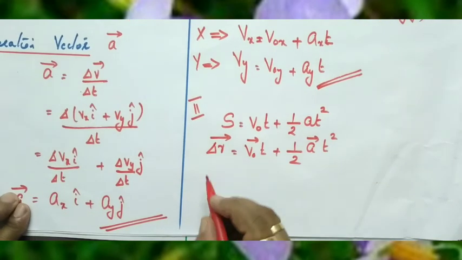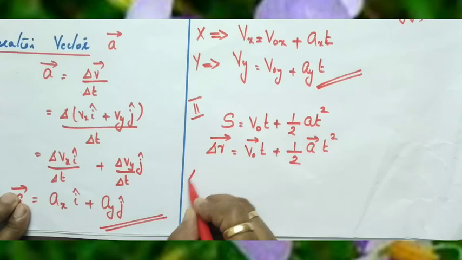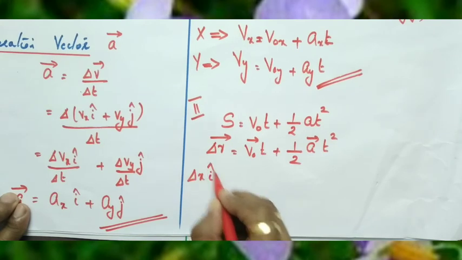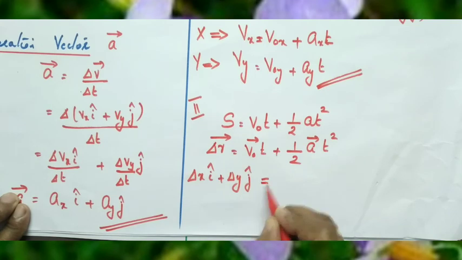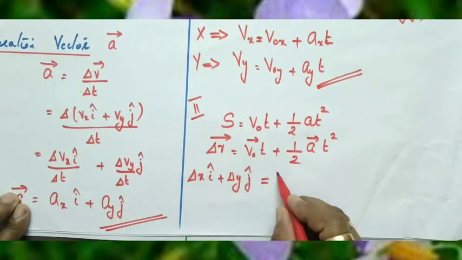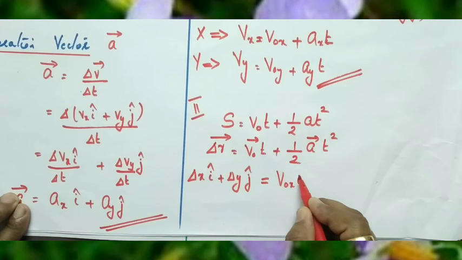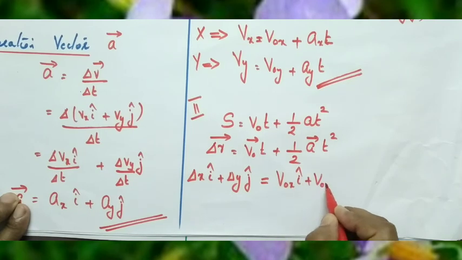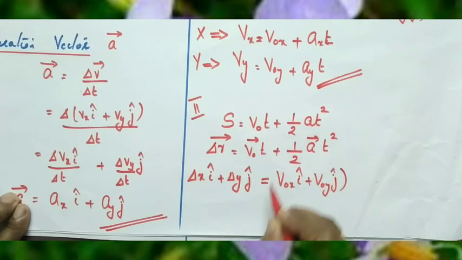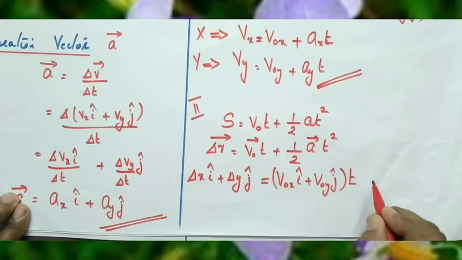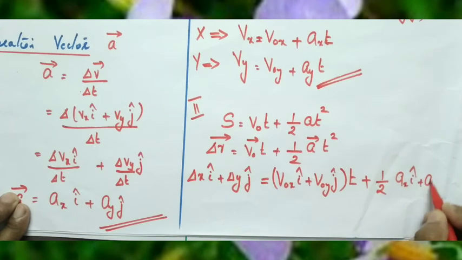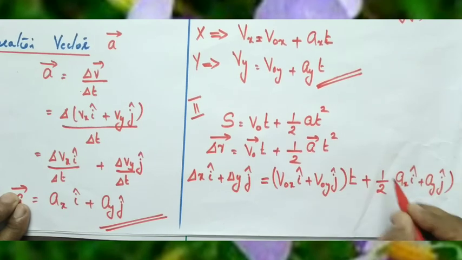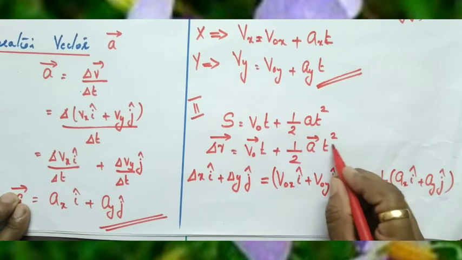Now in resolved form, this delta r can be written as delta x i cap plus delta y j cap equals vector v0 in resolved form, v0x i cap plus v0y j cap, into t, plus half vector a in resolved form, ax i cap plus ay j cap, into t square.